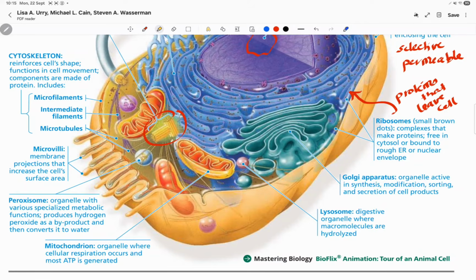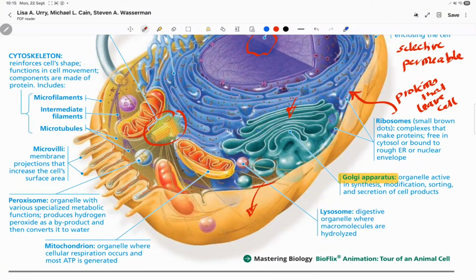The Golgi apparatus is going to be working very closely with the rough endoplasmic reticulum, taking any protein made by it to modify it and then to ship it either to the cell membrane or to ship it outside of the cell entirely.